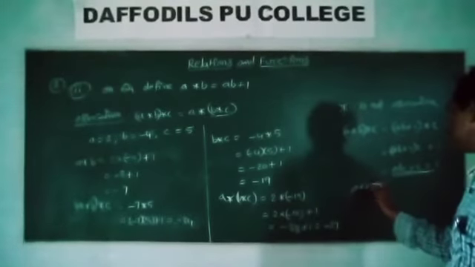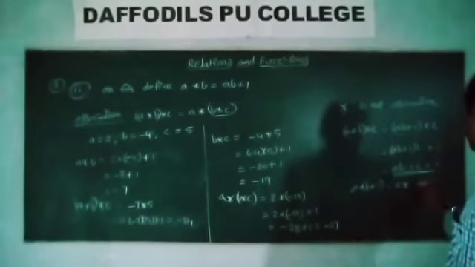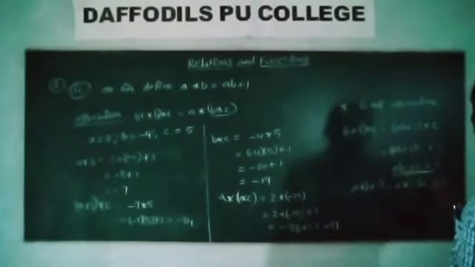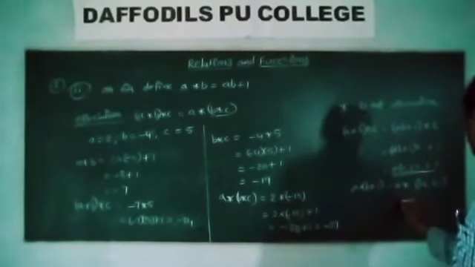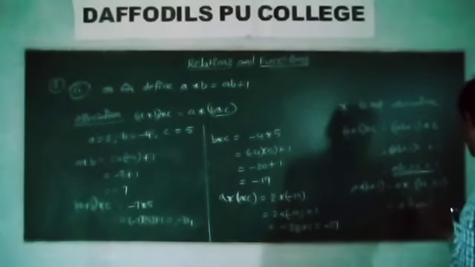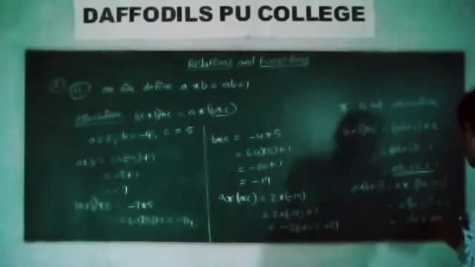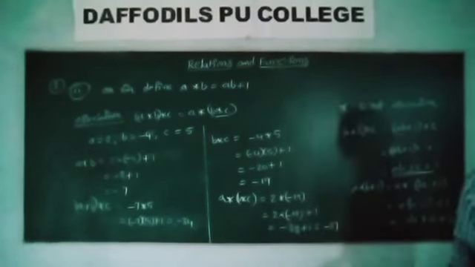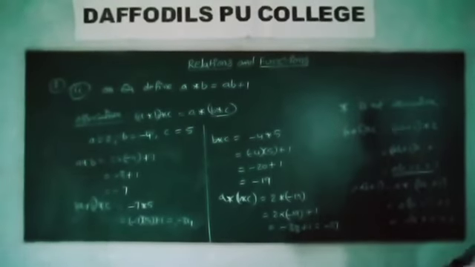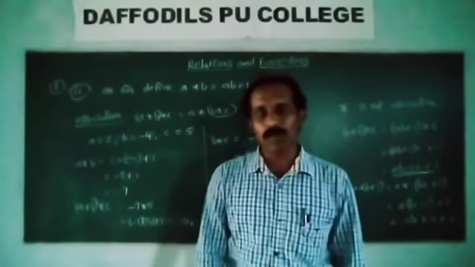What is RHS? A star of BC plus 1. This implies A of BC plus 1 plus 1. Therefore, ABC plus A plus 1. Both are not equal. Star is not associative. Students, continue the remaining problems.